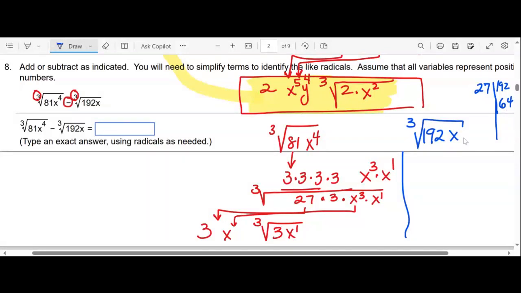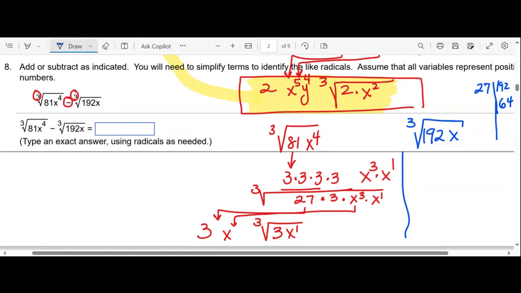If you divide by 27, give you 64. You sure? Do it again by the calculator. 192 divided by 27. No, that's not good.